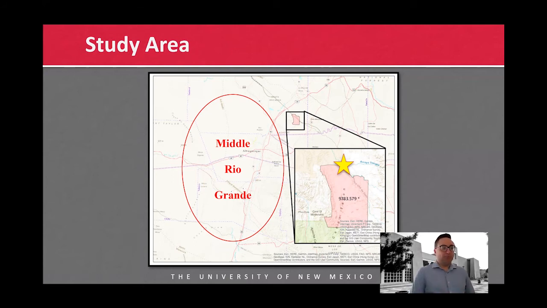In addition, this area is just north of Albuquerque, and the pueblo now lies on Pueblo land. The rest of the study area is private ownership, and I've gotten permission from the landowner to perform my research.